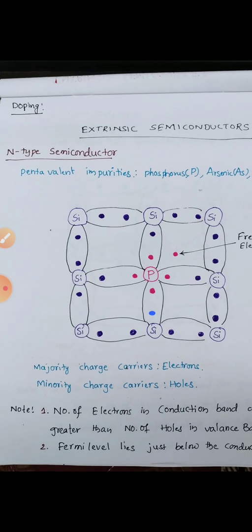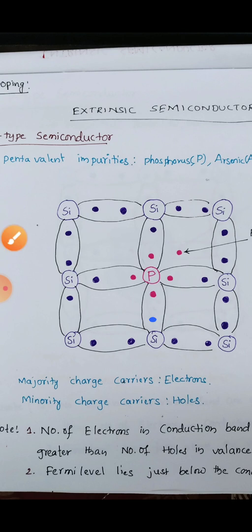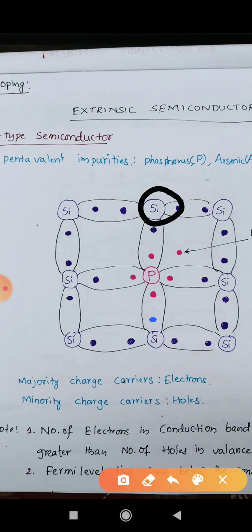In general, if you consider a semiconductor, for example silicon, silicon is a tetravalent atom. That means it contains 4 electrons in its valence orbit. That is why it is called a tetravalent atom.